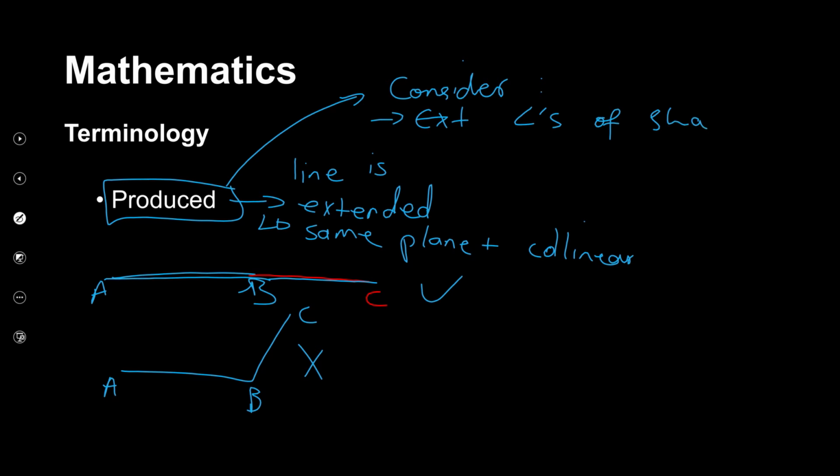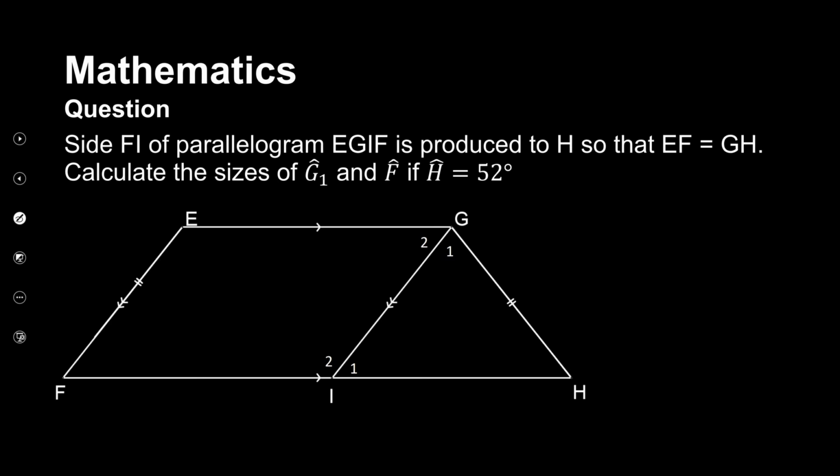I will just say shapes, because not only a triangle or a quadrilateral has an exterior angle. It can be a hexagon or a pentagon, which we'll look at at a later stage, as some other shapes that we look at in geometry.